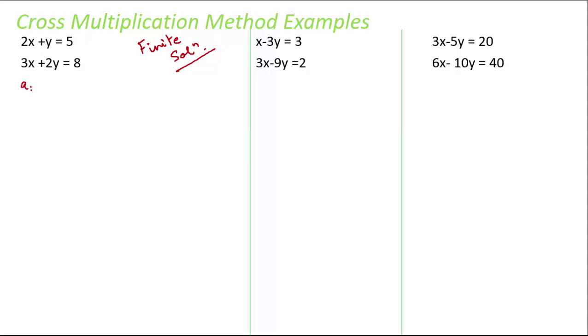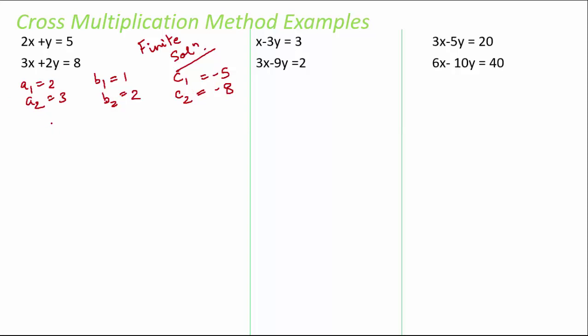So here a1 is equal to 2, a2 is equal to 3, b1 is equal to 1, b2 is equal to 2, c1 is equal to minus 5, and c2 is equal to minus 8. Right, because the equation that we are talking about is a1x plus b1y plus c1. That means this 5 has to be shifted to the left hand side. So we get 2x plus y minus 5 is equal to 0. And that is why c1 is equal to minus 5.